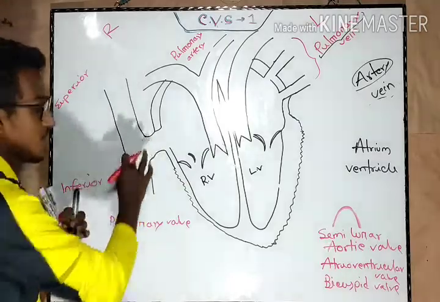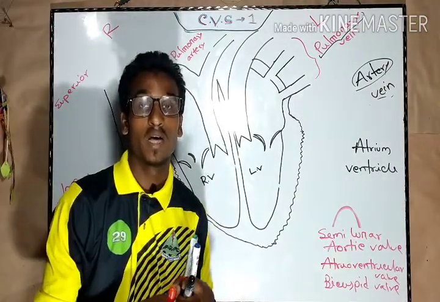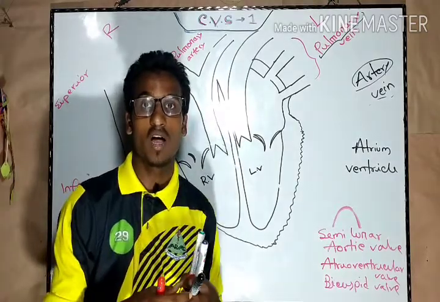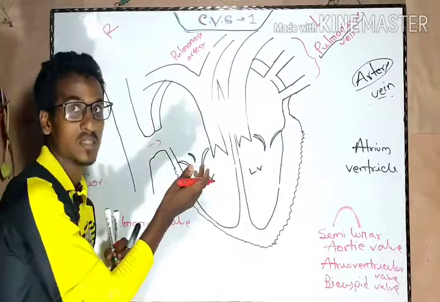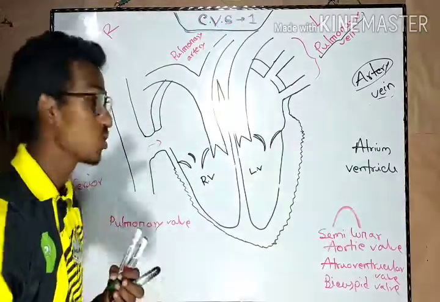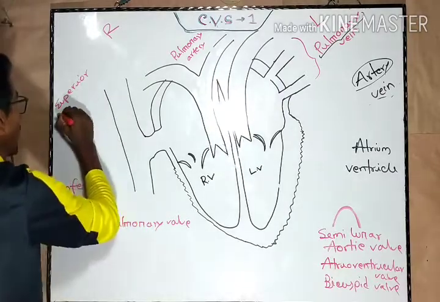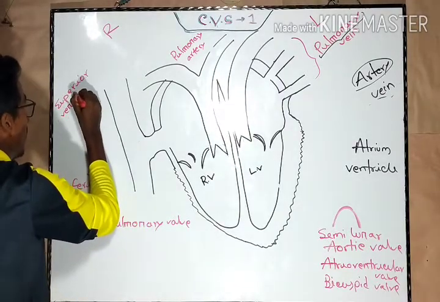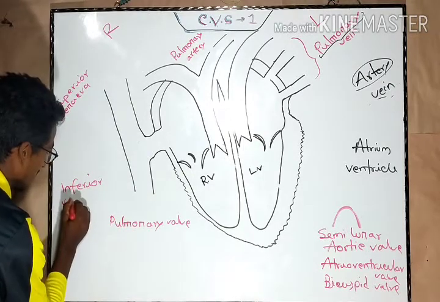And both of these vessels are actually the vena cava, which carry the blood into the heart. These are called the vena cava. So this is called the superior vena cava, and this is called the inferior vena cava.